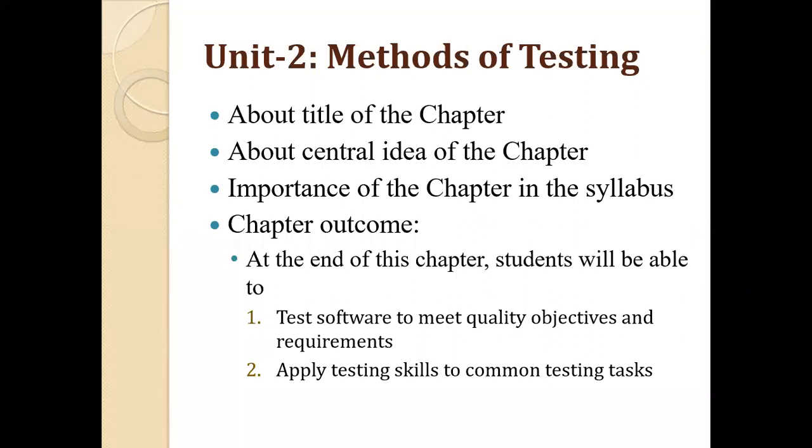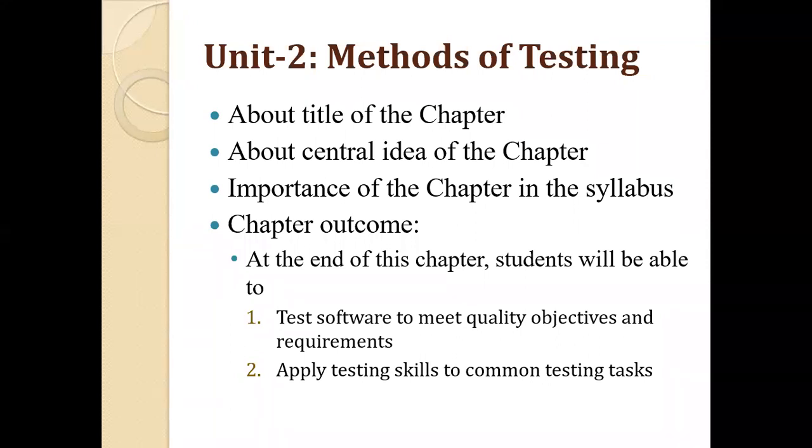Okay, so here today we will start with our second unit, that is methods of testing. So different methods of testing that we are going to see in this particular chapter. Already in the first chapter, we have seen the introduction to our first unit, that is software testing, its definition, why we need software testing, what are the misconceptions about it, and then the different life cycle of a particular defect.